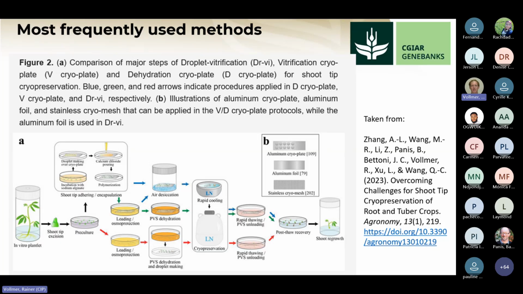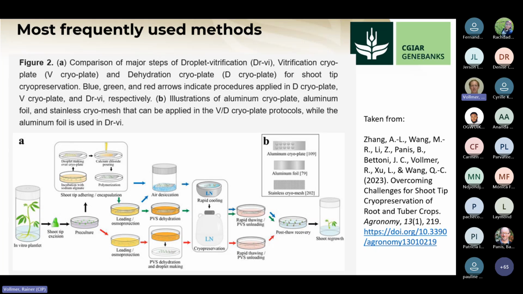The advantage is that aluminum foil is easily accessible wherever in the world, but producing these cryo plates might be a challenge, because they have exact dimensions and are not so easy to obtain everywhere. But both methods work very well, and at the end the important thing is that you get complete, normal-looking plants when you rewarm them, whatever method you use.